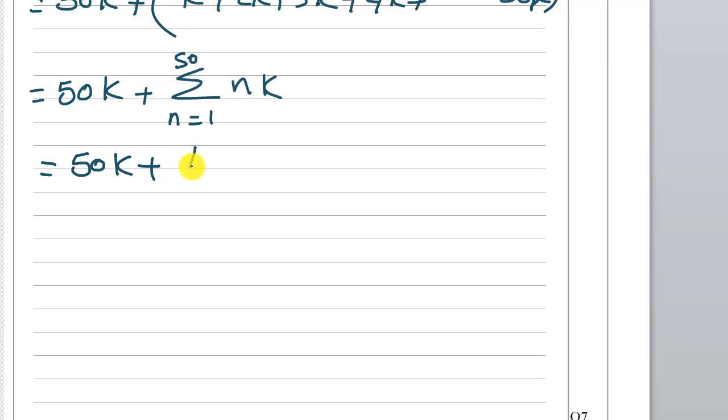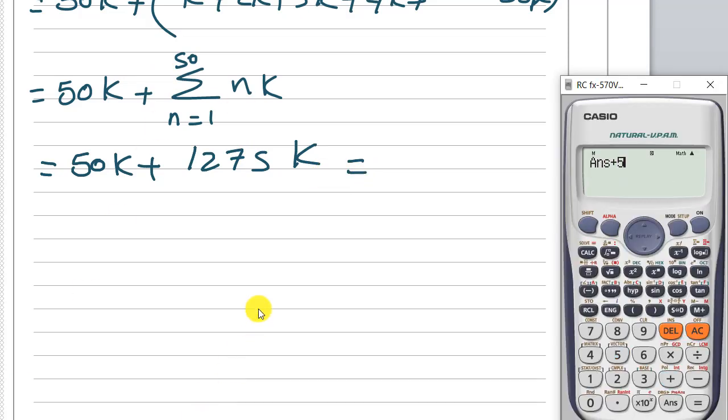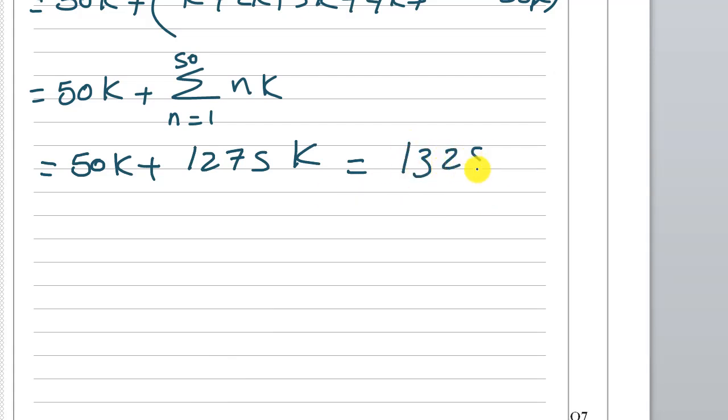So enter. So 1275k. So now the total answer here is equal to 50 plus 1275, which is 1325k. And this is the answer of this part.